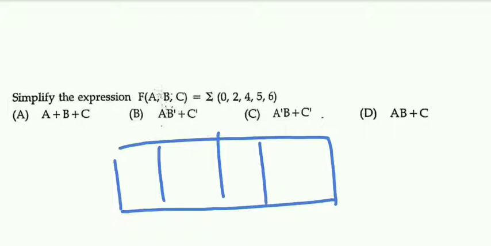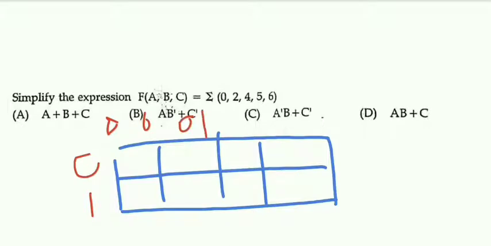So write 0, 1, 0, 0, 0, 1, 1, 1, 1, 0. 0, 2, 4, 5, 6 are given. This is 0. Sorry, this is 2. This is 4. This is 5. Right? This is 6.